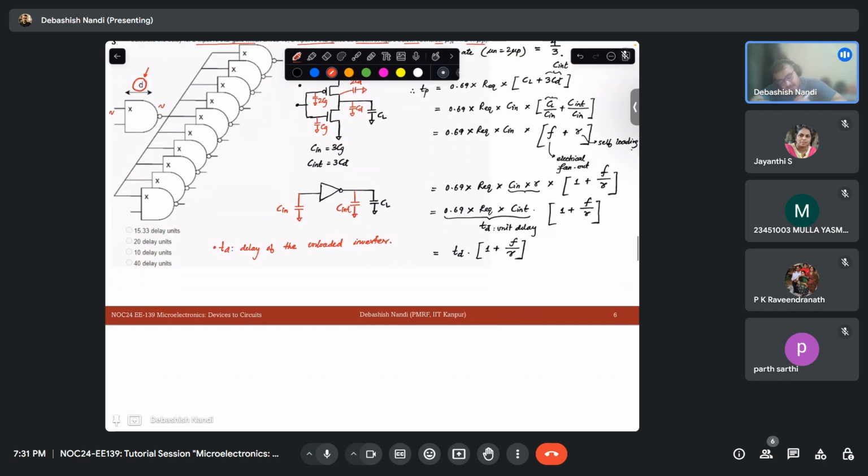What do I mean by that? Let me take this inverter. This is C in, this is C internal. So what is the delay? What is the propagation delay of this circuit?